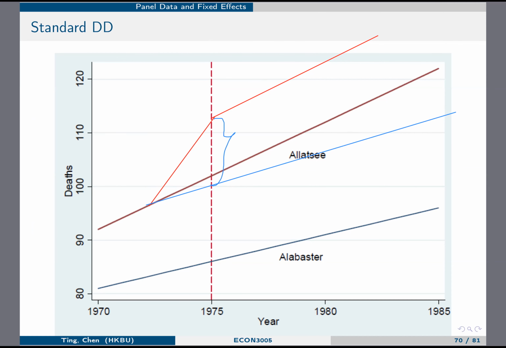Now you can see, because the pre-treatment time trend between the treatment group and the control group is different, this is the estimated treatment effect, but the actual treatment effect is actually here.